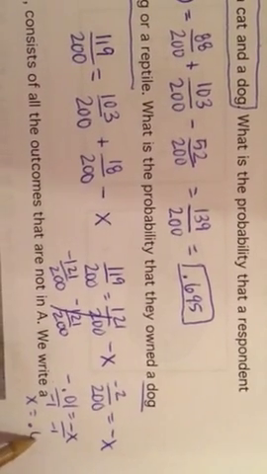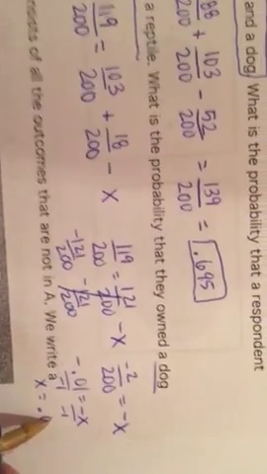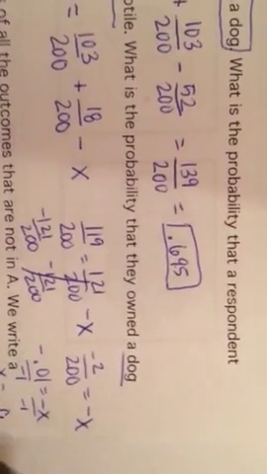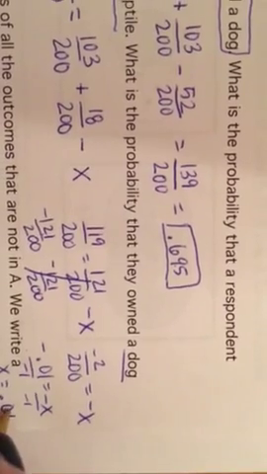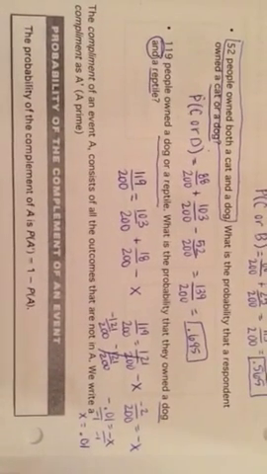So I get a positive 0.01 for my probability that they owned a dog and a reptile.